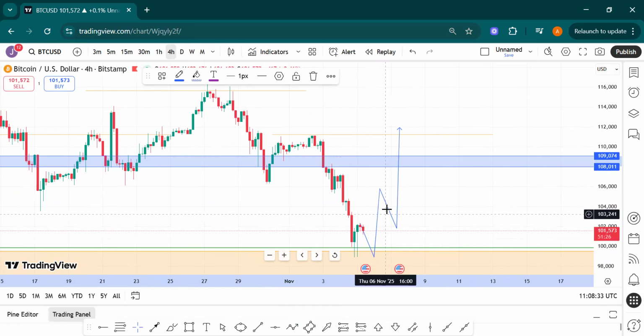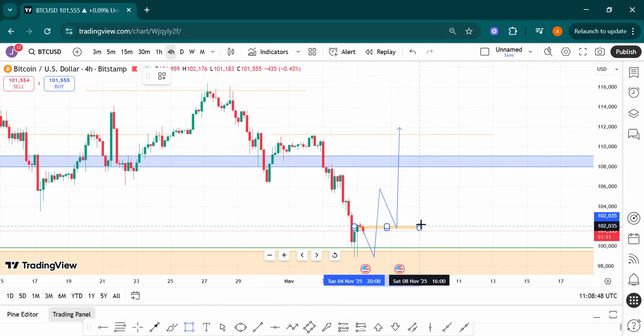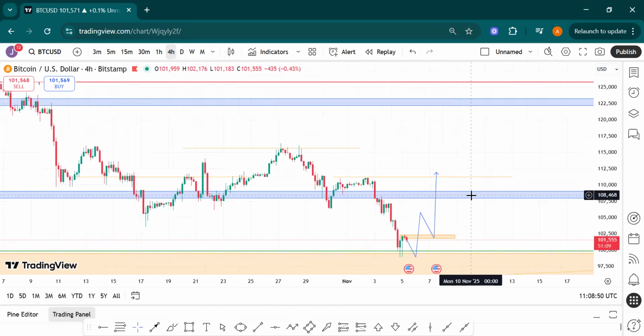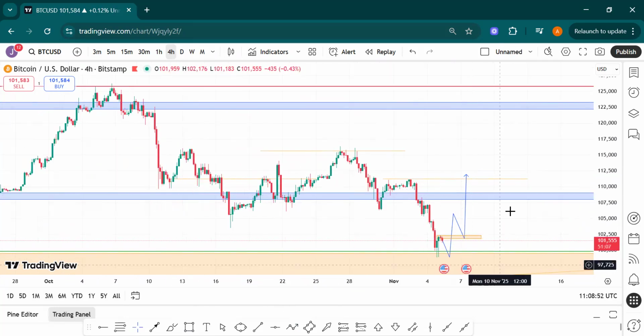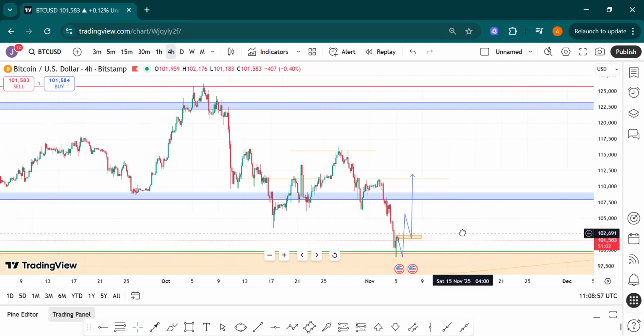This would be a change of character from the lower lows to price giving me what? A higher low. And then once there's a retracement, I can start thinking of taking my buy opportunities around this place.